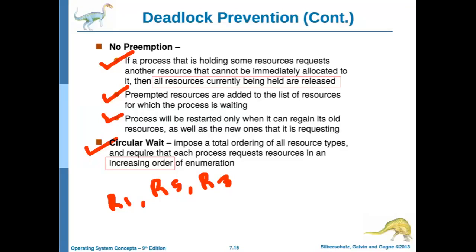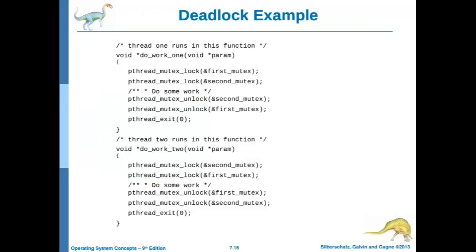Now see here one of the deadlock examples. There are 2 threads. This is thread 1, and below is thread 2.